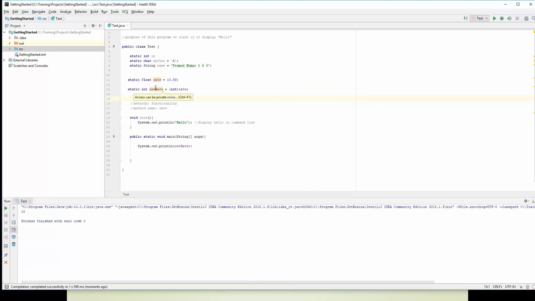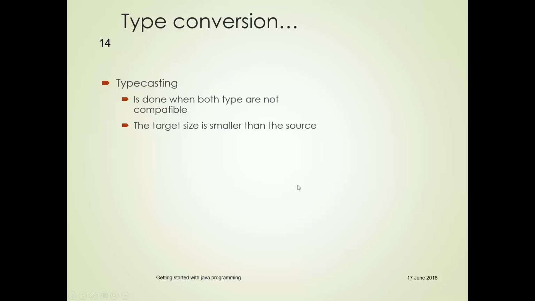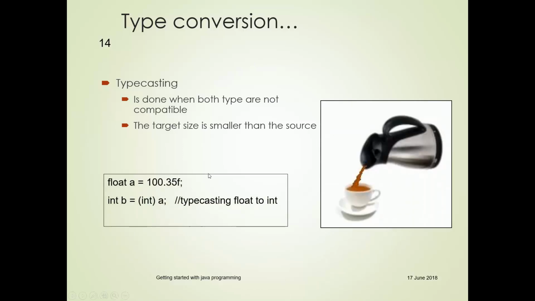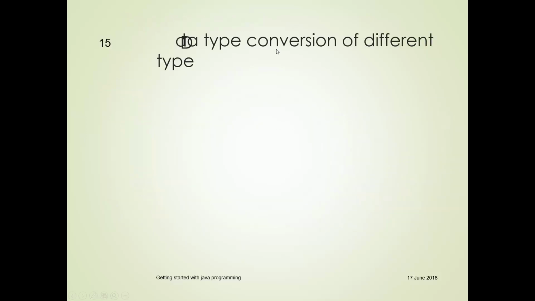Now see, this new rate is showing 10, but actually the rate is 10.5. The same rate I have assigned to this int, but it is not showing the 0.5 value. Why? Because it will not allow storing the decimal part, but forcefully I have converted it. So this will happen. If you try to store a large value into a small value, you have to do it by typecasting, but there are chances of losing some data.